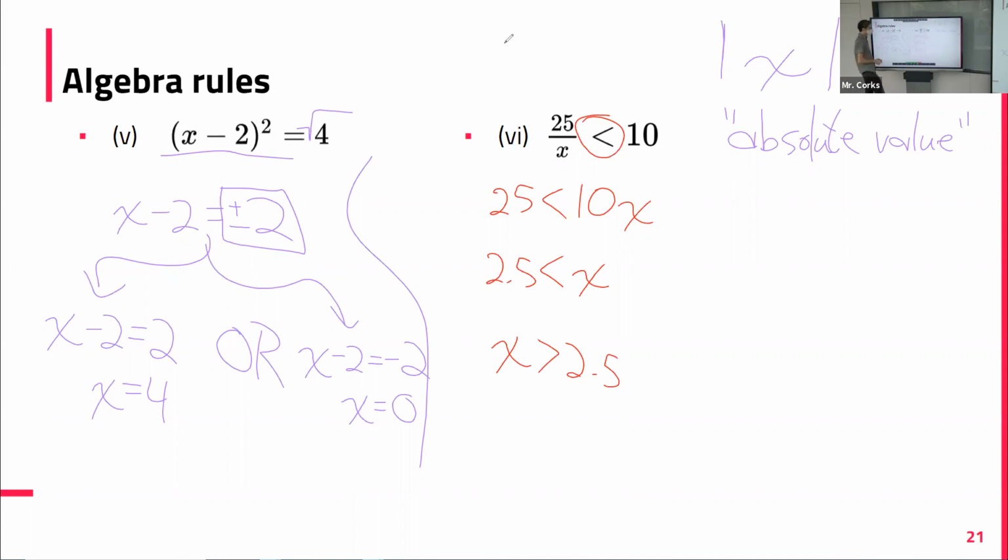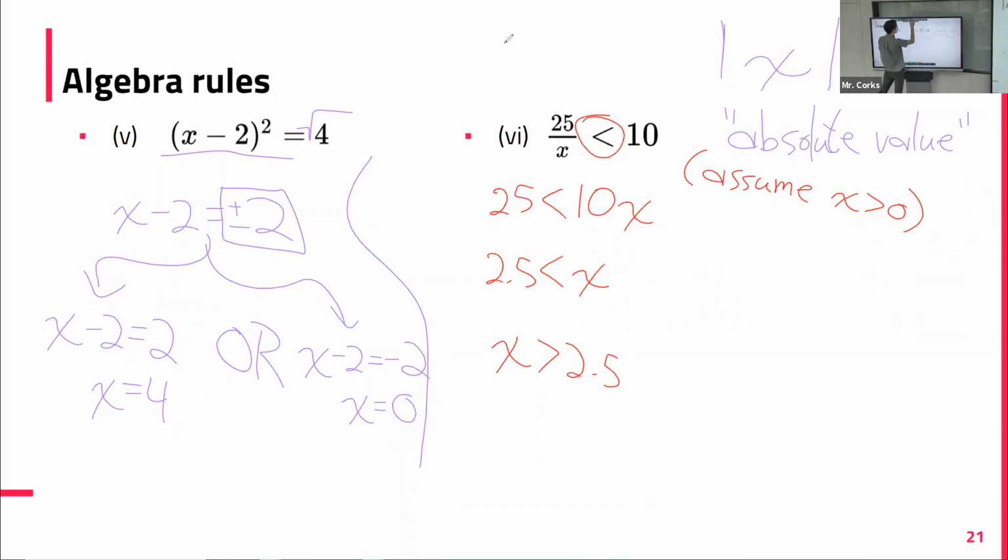The other situation is where, and we didn't do it here because I wrote on the first slide, we assume that x is greater than 0. But if we are multiplying or dividing by a negative number, then also we have to flip the direction of the sign from less than to greater than.